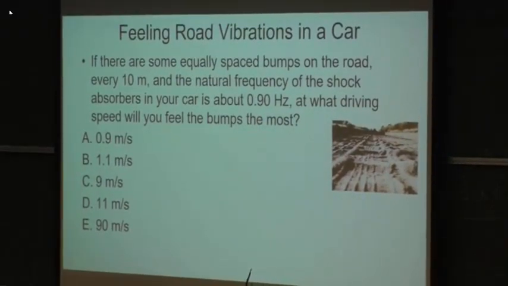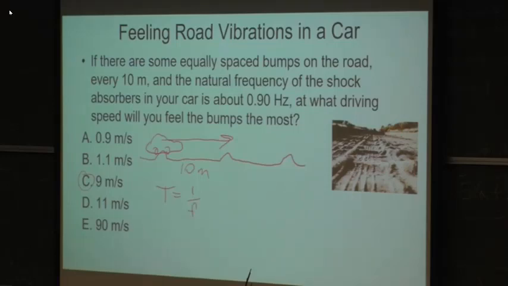So what I was thinking there is that you've got your car, and you've got bump, bump, bump, and it's going along 10 meters. The period is 1 over the frequency, right?